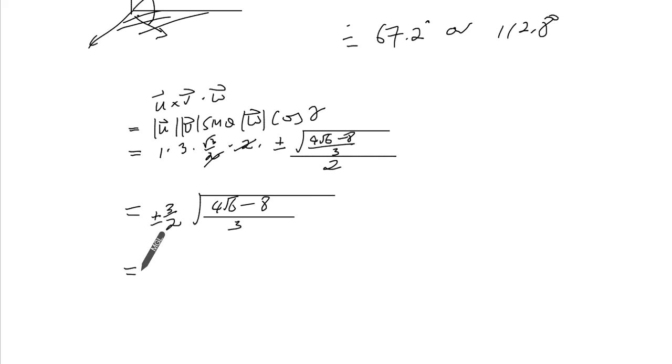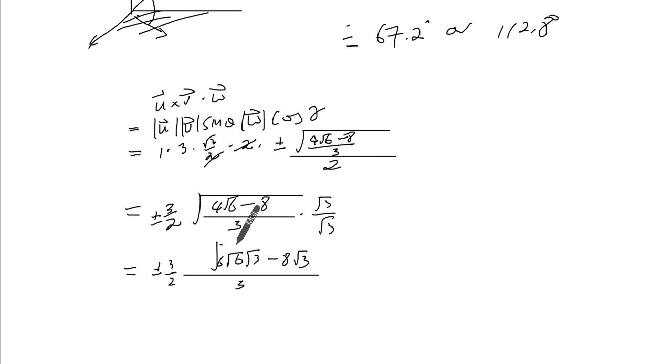We can multiply the top and bottom here by root 3. So we get the bottom of 3. On the top we have 6 root 6 times root 3 minus 8 times root 3, all square root.